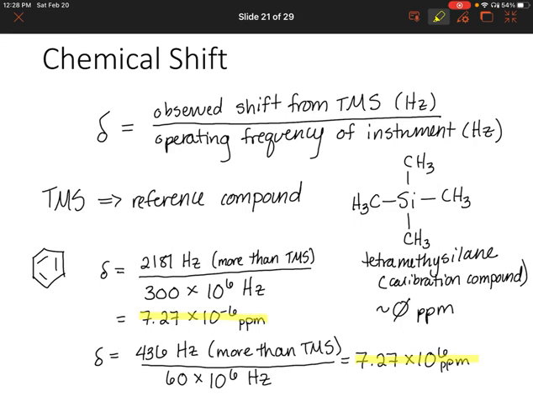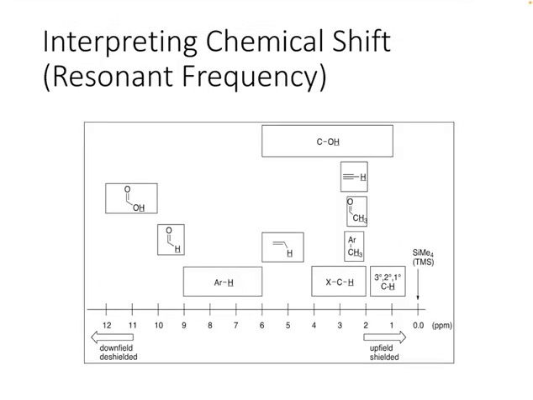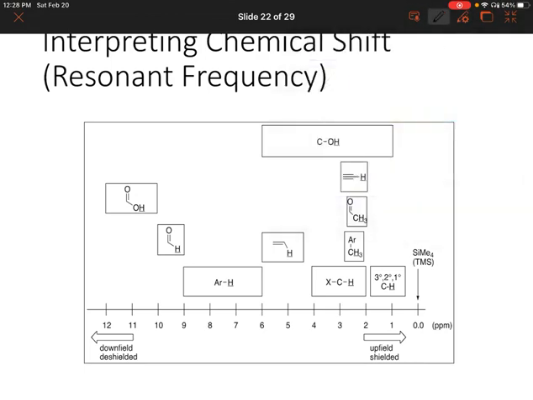All right, so we get these predictable shifts for different functional groups. So let's look at where we expect certain protons to show up on an NMR spectrum. This is a chart that I've also posted under modules study guides, and you can use this to help you figure out where to expect certain peaks.